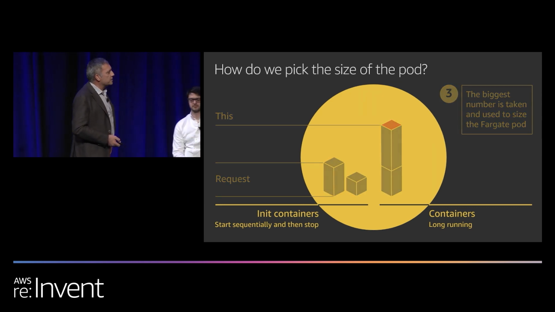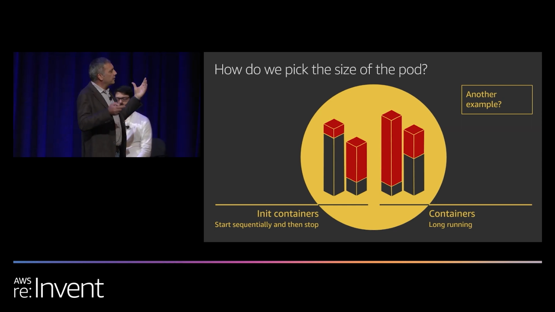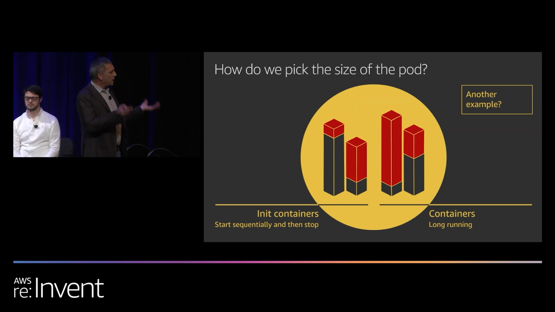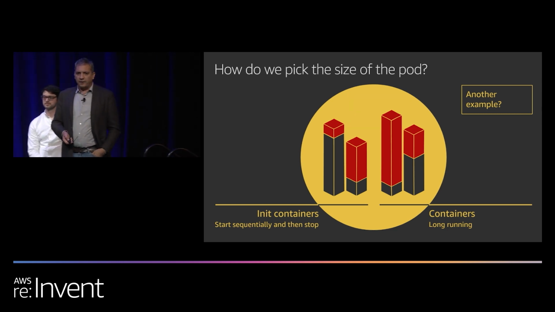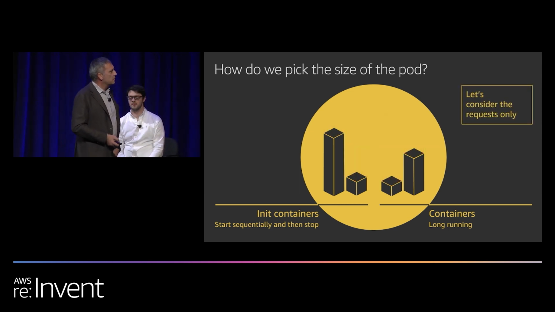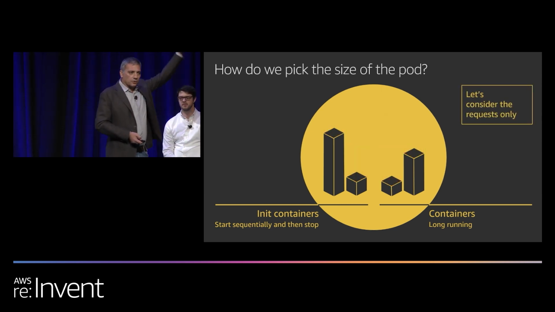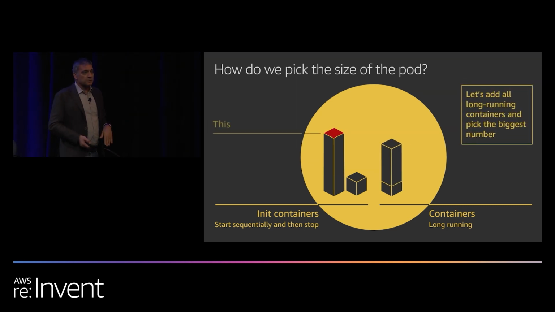Let's go through another example. Imagine that you have this setup. Again, a couple of init containers and a couple of long-running containers. This example may not be very real life, because there is a single init container that has requests greater than the sum of the long-running containers.